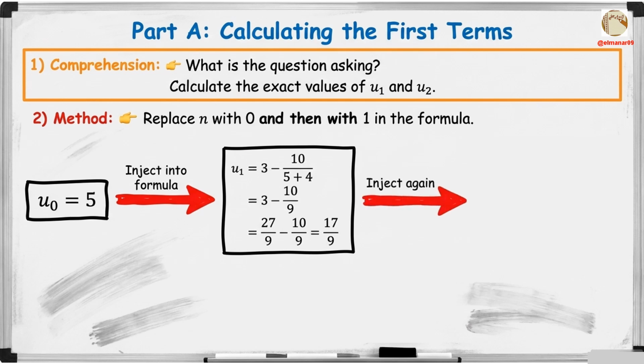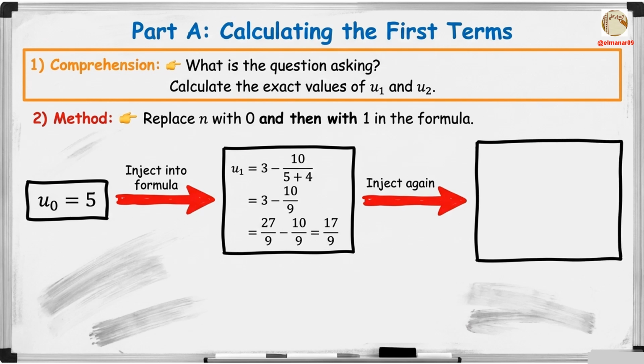Now, for U2, we inject U1, 17 over 9, back into the same machine. U2 equals 3 minus 10 over 17 over 9 plus 4. Let's simplify that bottom part. 17 over 9 plus 36 over 9 equals 53 over 9.